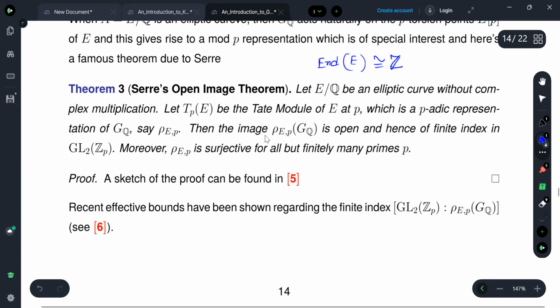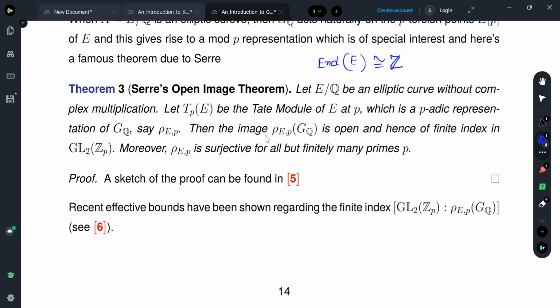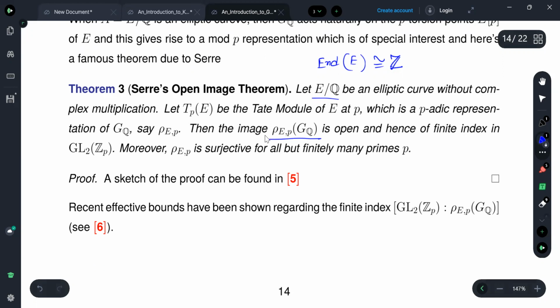So this theorem says that the image is very large in some sense because it is of finite index. There can be some representations which will have image of infinite index, so in some sense it will be small. But here Serre's theorem says that if you have an elliptic curve without complex multiplication, then the image of the Galois group under the representation attached to the Tate module will be very large.